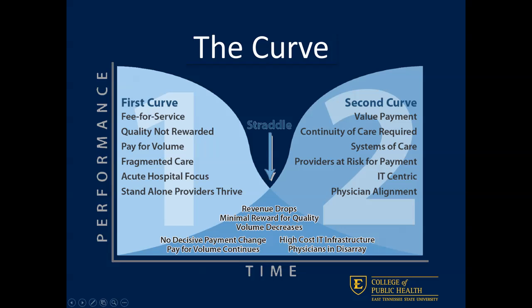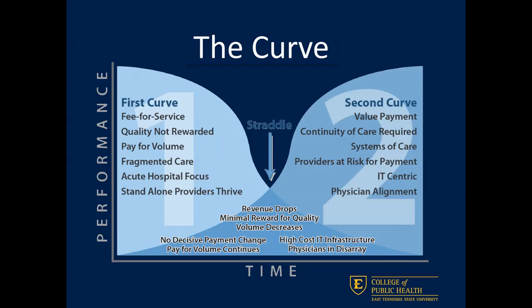So we're seeing revenue drop. We're not getting a lot of reward for our quality because we're still learning how to do quality. We're still learning how to bring our metrics up. We're still paid on volume, but we're also in this value-based purchasing model. It's a mix between the two.